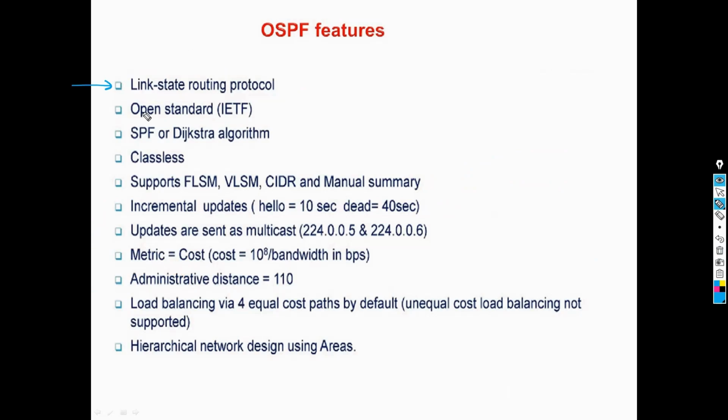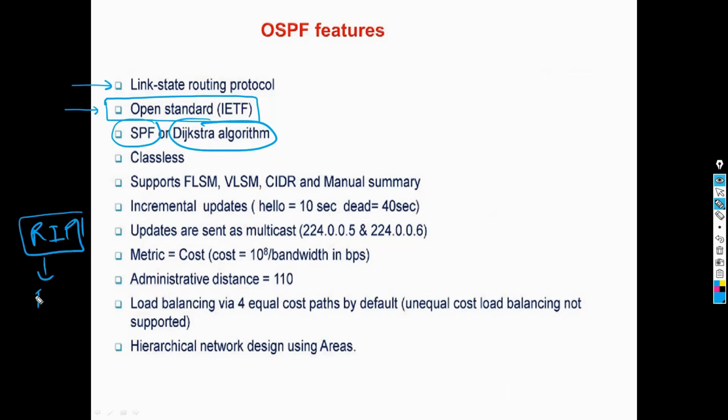So OSPF is a link state routing protocol. It's an open standard protocol, so we can use it on any vendor like Cisco, Juniper, Alcatel, any vendor. OSPF uses the SPF algorithm, Shortest Path First, or Dijkstra algorithm. If you remember from CCNA training, RIP uses the Bellman-Ford algorithm, right? Yes.